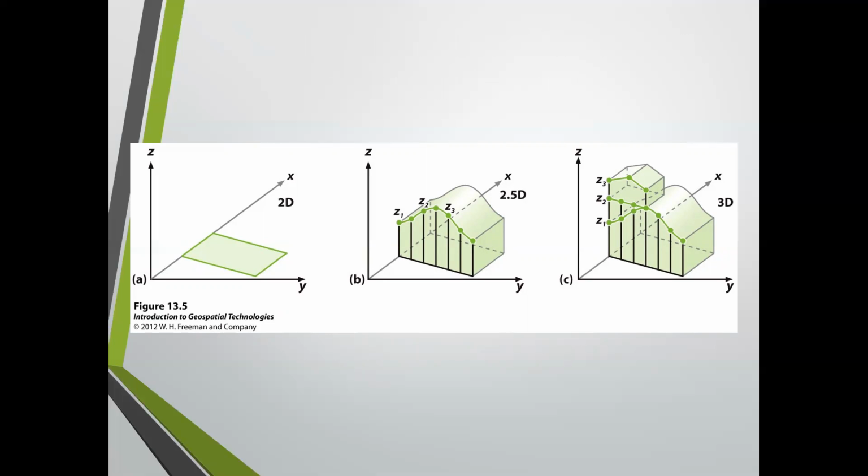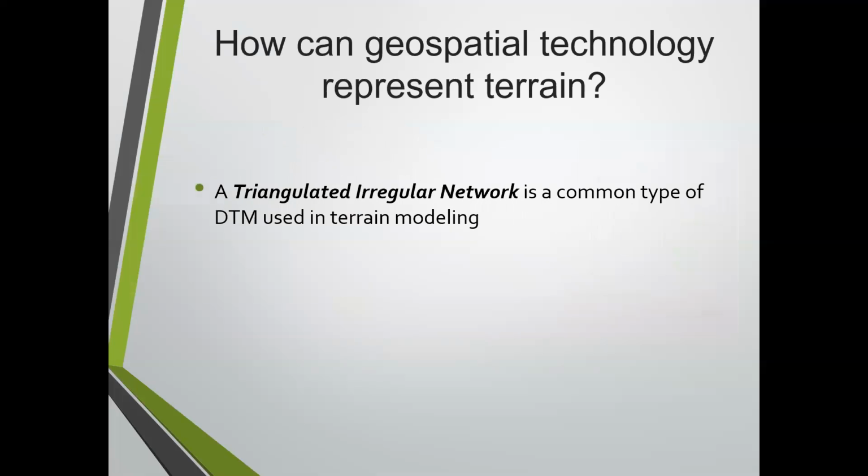This is what they're calling a 2.5D because it only has one Z value representation. But on the picture to the right, that's a true 3D because you get a Z1, a Z2, and a Z3 for each XY location. A lot of people don't make that distinction, but it is a true distinction that can be made.